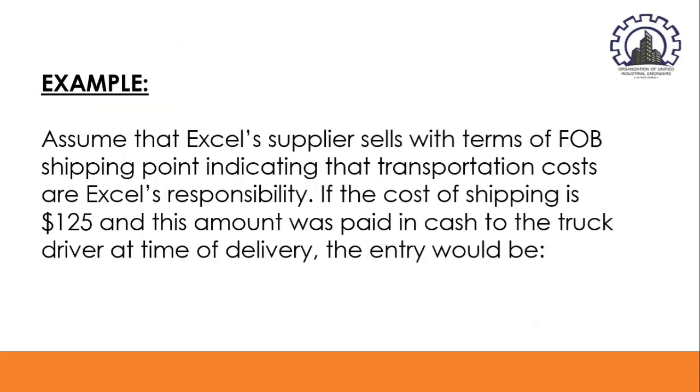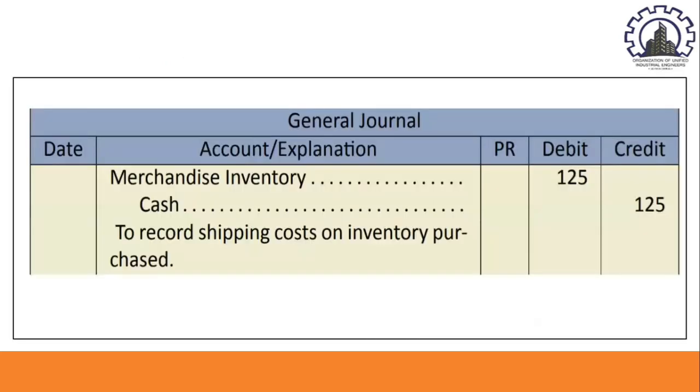So for example, assume that Excel's supplier sells with terms of FOB shipping point, indicating that transportation costs are Excel's responsibility. Now, if the cost of shipping is $125 and this amount was paid in cash to the truck driver at time of delivery, then the journal entry would look like this.